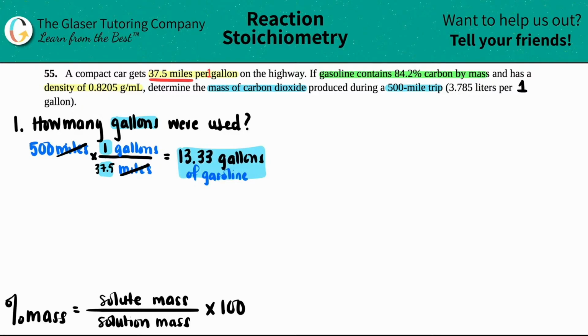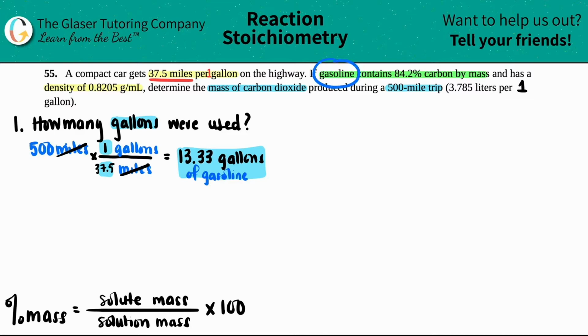Now, let's keep moving forward. They say that the gasoline contains 84.2% carbon by mass. Okay, so in previous chapters, we went over a percent mass formula, and that percent mass formula is down here. So that's going to be the second thing that we're going over. In this case, we have to somehow link the gasoline that we're at now to carbon dioxide. The missing link is the carbon, right? I could make an equation with carbon and carbon dioxide.